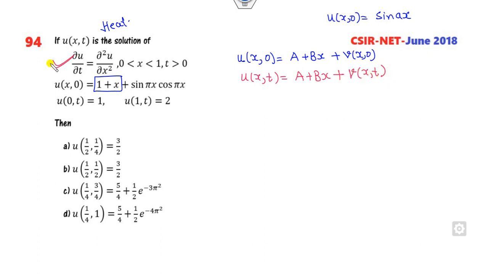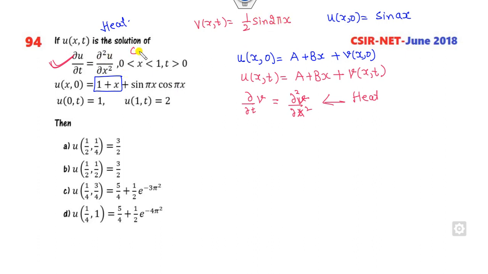If I substitute the value here, what will happen? If I substitute the partial derivative with respect to t, this is a constant, it's linear, so this is the same as that of v. If you take the second derivative, it is again the same as that of this. So again this is a heat equation but in terms of v. So how can you write the v of this? I can multiply and divide by 2.